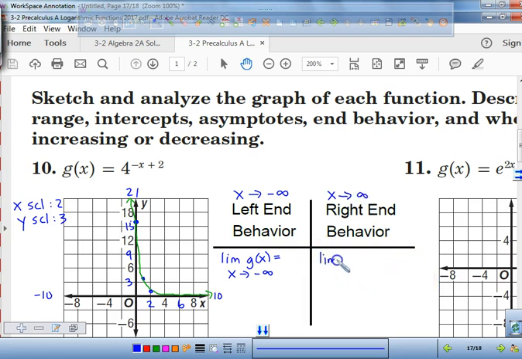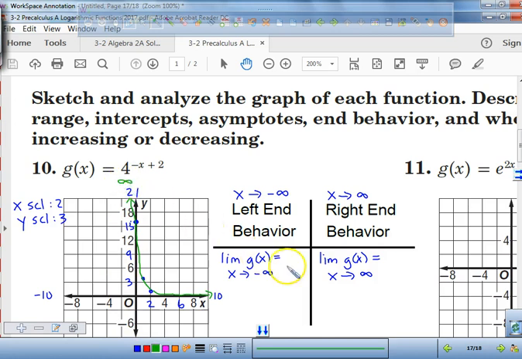So right, the limit of g of x equals something as x is approaching positive infinity. So as x is going this way, where are my y values going? Are they going up, down, left, or right? Up here? Where are they reaching?